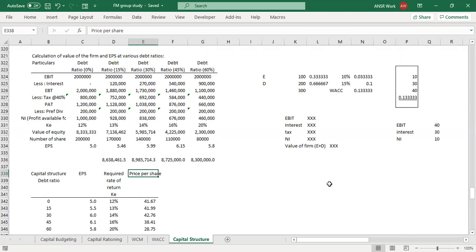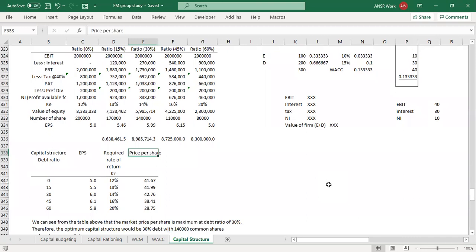How do we determine which is the best decision if the market price is different from the earning per share? Let me just give you all the information here. You have EPS of 5 here, 5.46 here, 5.99 here, 6.15 here, 5.8 here. It was in fact right next to these.